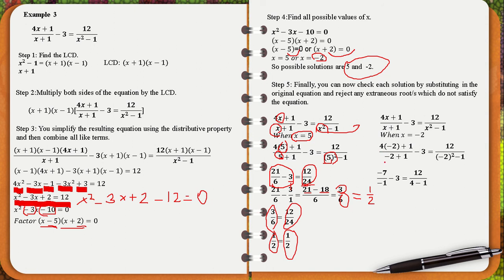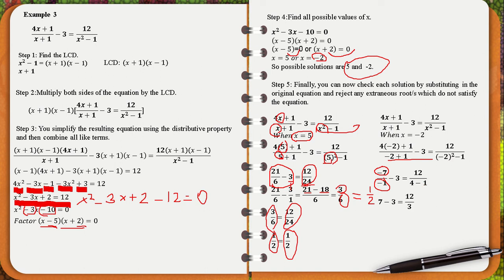Negative 8 plus 1 is negative 7. Negative 2 plus 1 is negative 1 minus 3 is equal to 12 over negative 2 squared. Negative 2 squared is 4 minus 1.